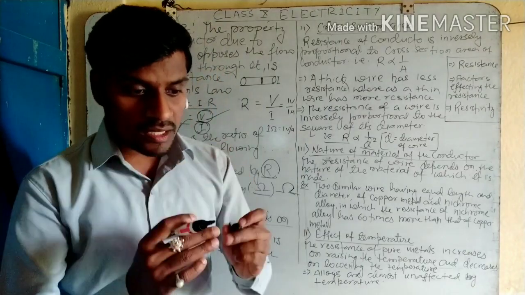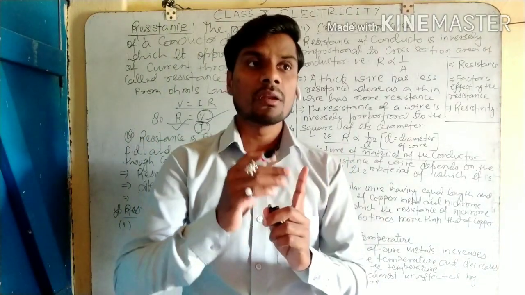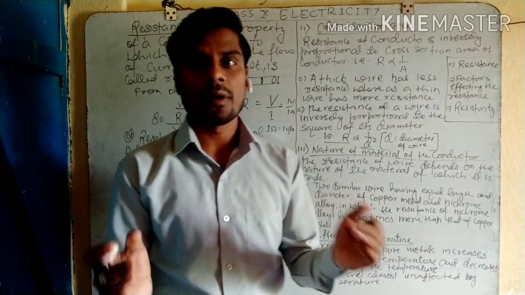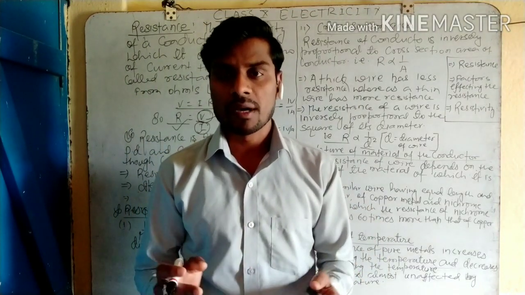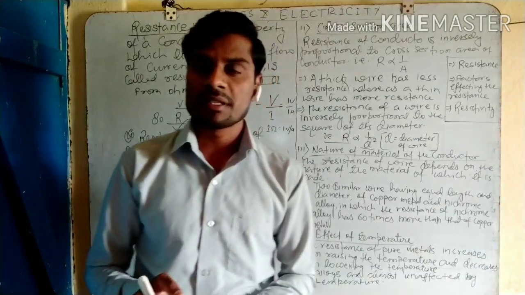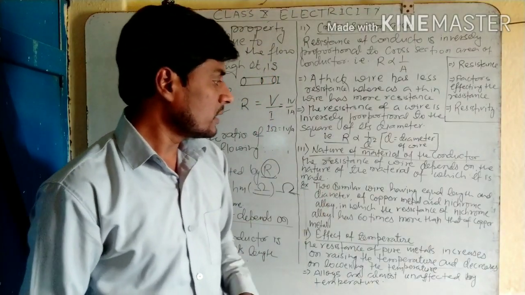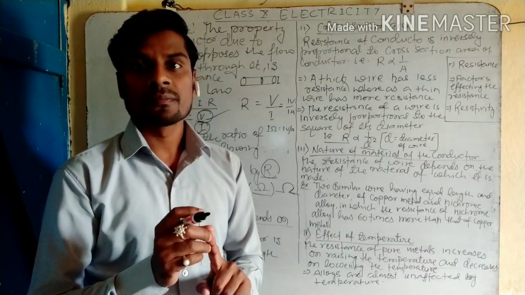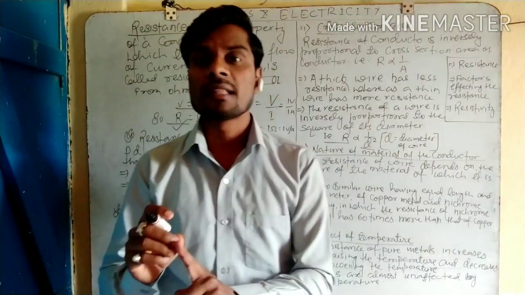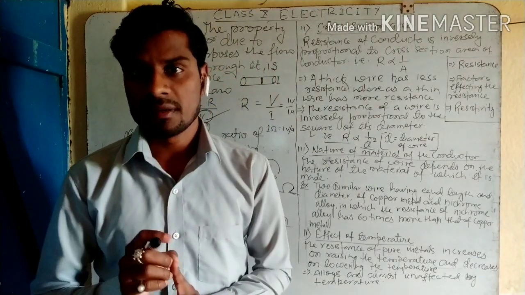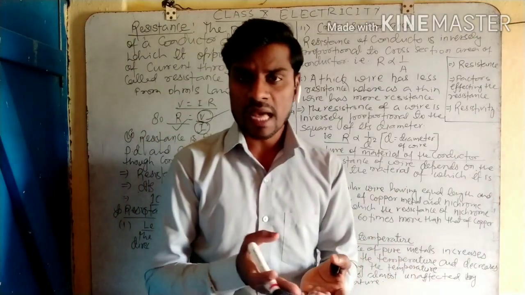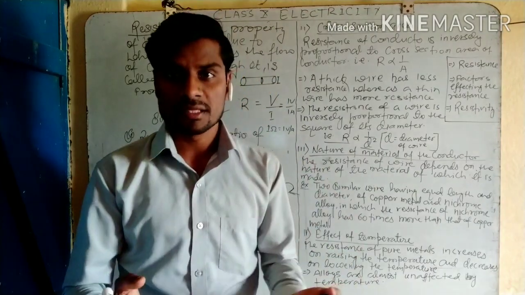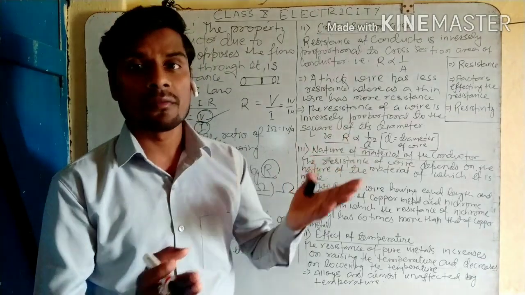For example, take a copper wire and a nichrome alloy wire having the same length and the same diameter. We find that the resistance of copper is about 60 times less than the resistance of nichrome alloy. In spite of the same length and diameter, they have different resistance because they are made of different materials.